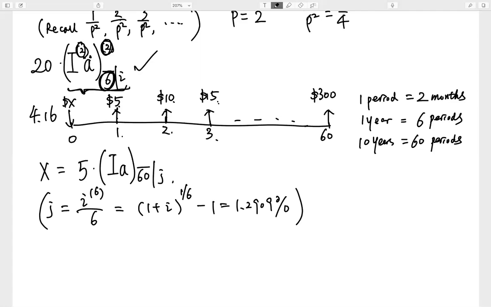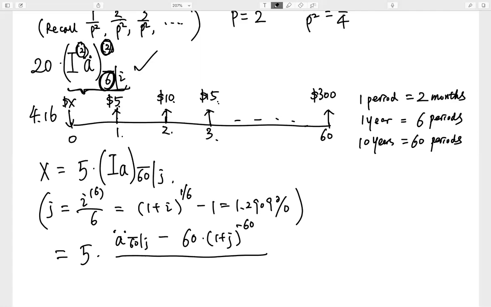So once we know this, we can keep writing. Okay, a standard increasing annuity: the annuity due, minus n times v to the n, over the effective interest rate, with 1 minus 1 plus j to negative 60. Because this is an immediate annuity, you divide by the effective interest rate.